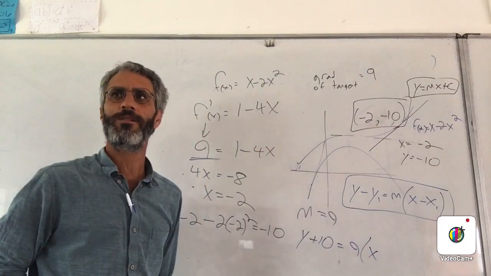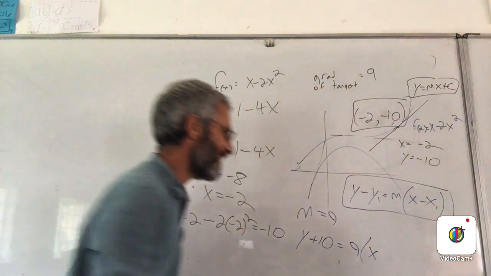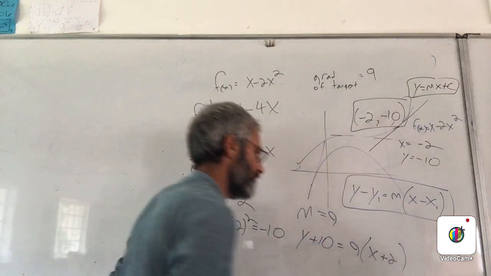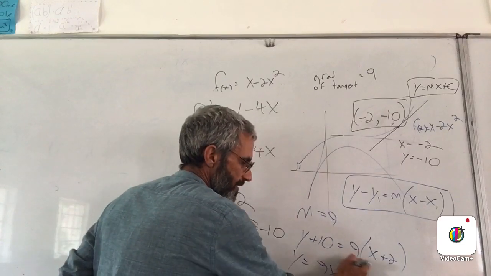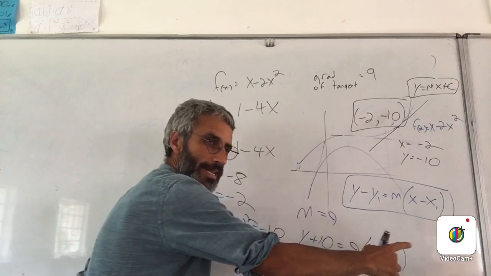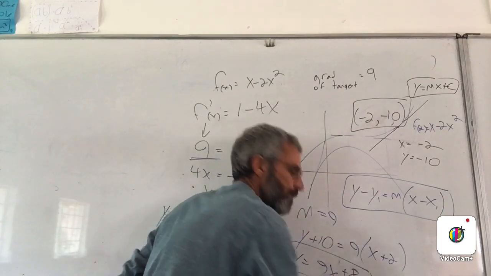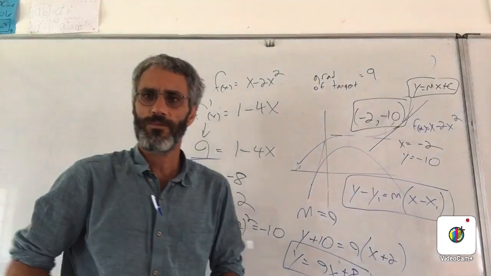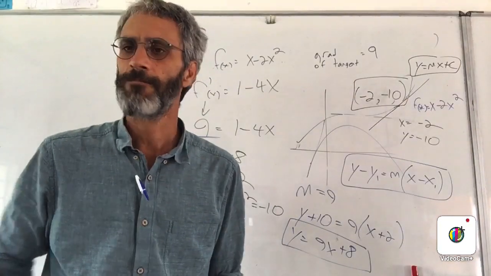What is x1? Minus 2. So it's x plus 2. Tidy it up a little bit: y equals 9x plus 18 minus 10, which is 9x plus 8. That's the final answer. You happy with that, guys? Okay, let me pause.